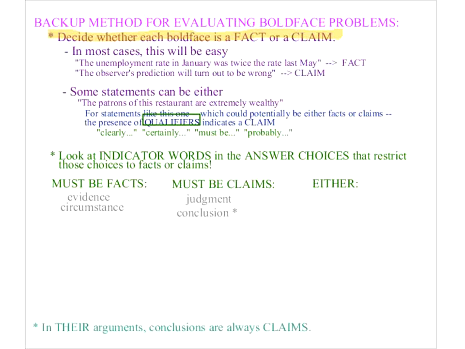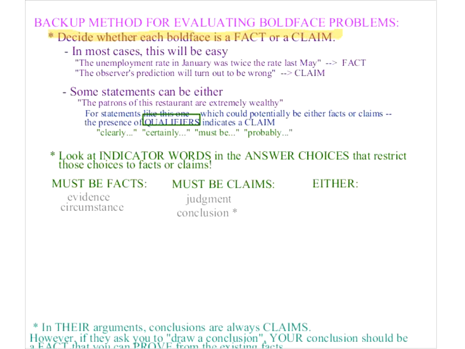Always, always, always. However, if they ask you to draw a conclusion of your own, your conclusion should be a fact that you can prove from the existing facts.